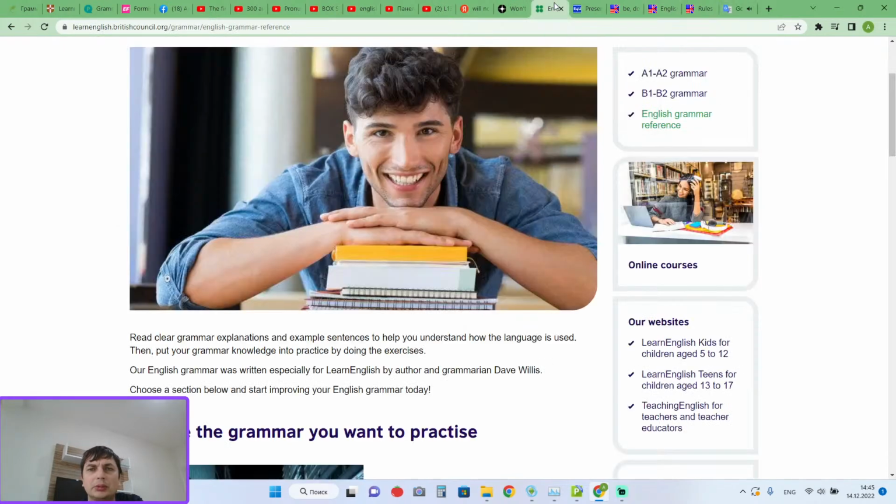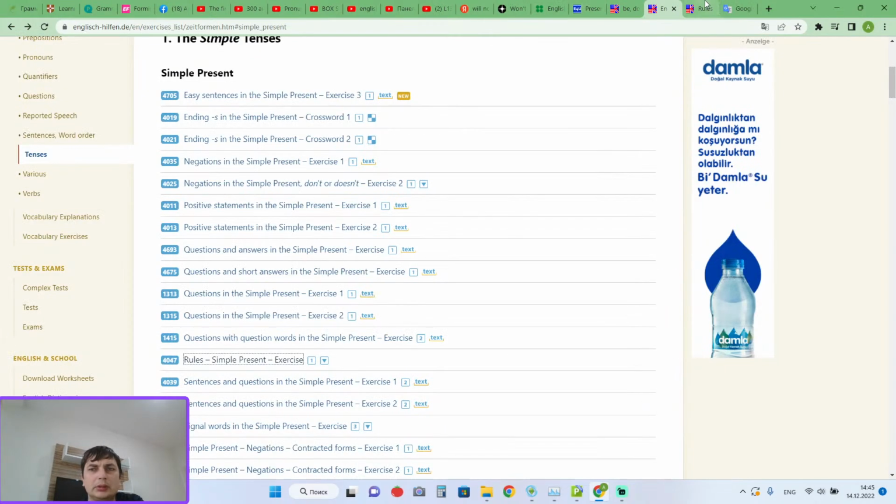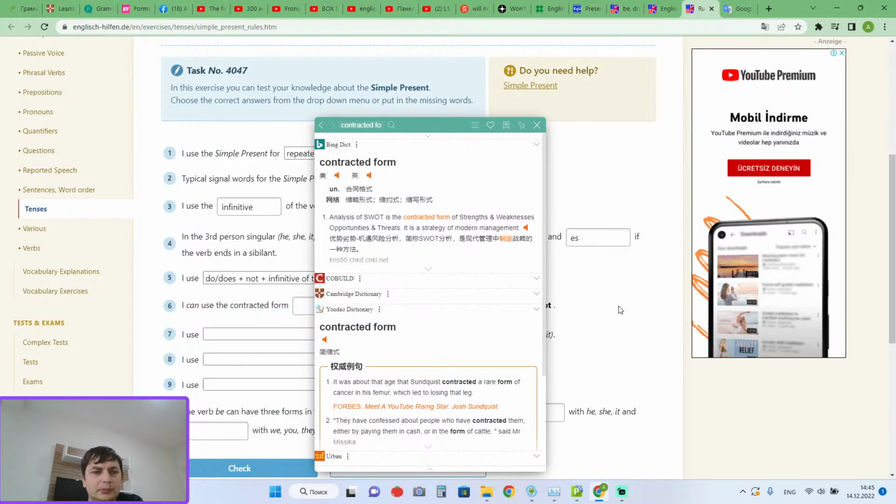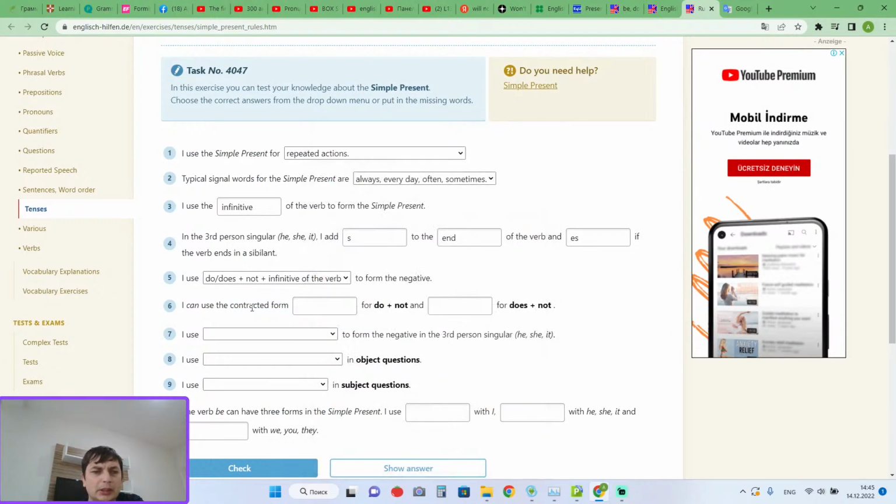Contracted form, shortened version of the verb. I can use the contracted form for don't, contracted form, and doesn't.